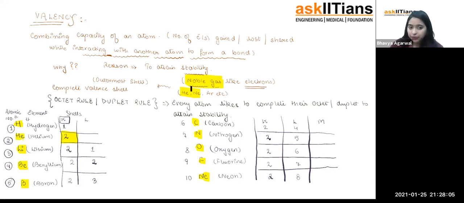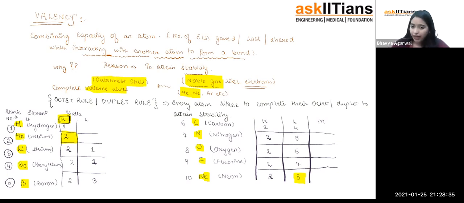If you see helium, it has 2 electrons and neon is having 8 in its valence. So you remember valence shell was basically the outermost shell, right? Helium is only having 1 shell, which is the K shell. So K shell is the last shell, first and the last, and it is complete, right?